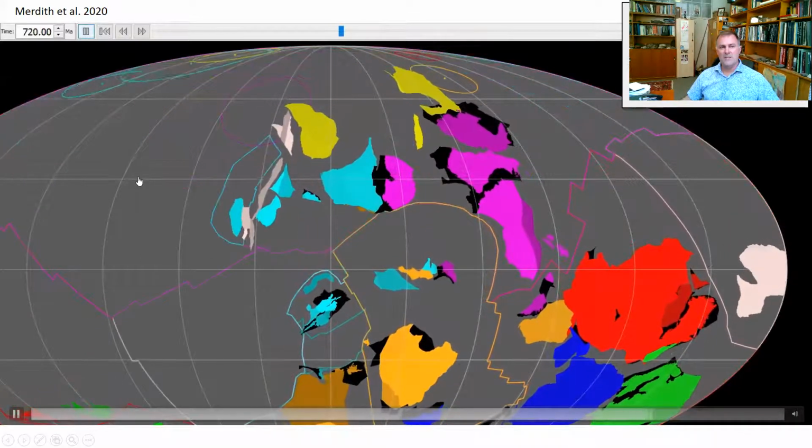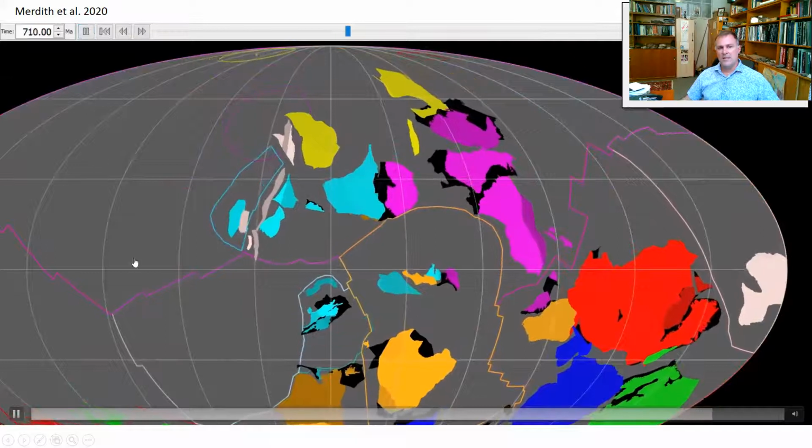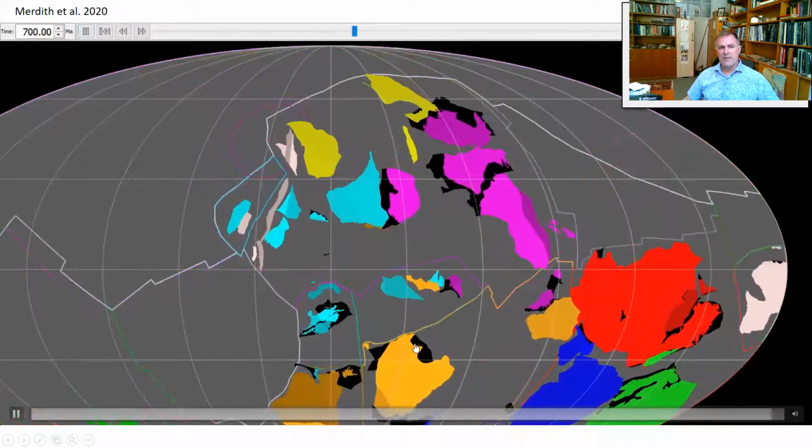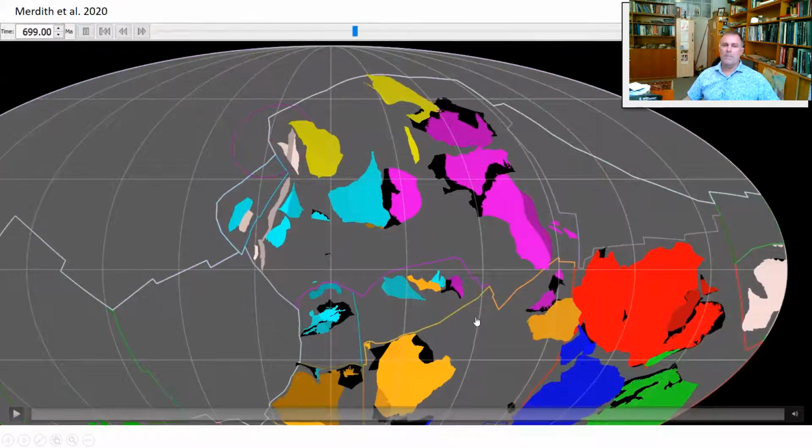I'm particularly interested in the Tonian, the middle to late Tonian, and going down into the Phanerozoic. You can see that India has moved from very high latitudes to quite low latitudes. It's slid down, consuming an ocean here. It's still open with this Mozambique Ocean here.